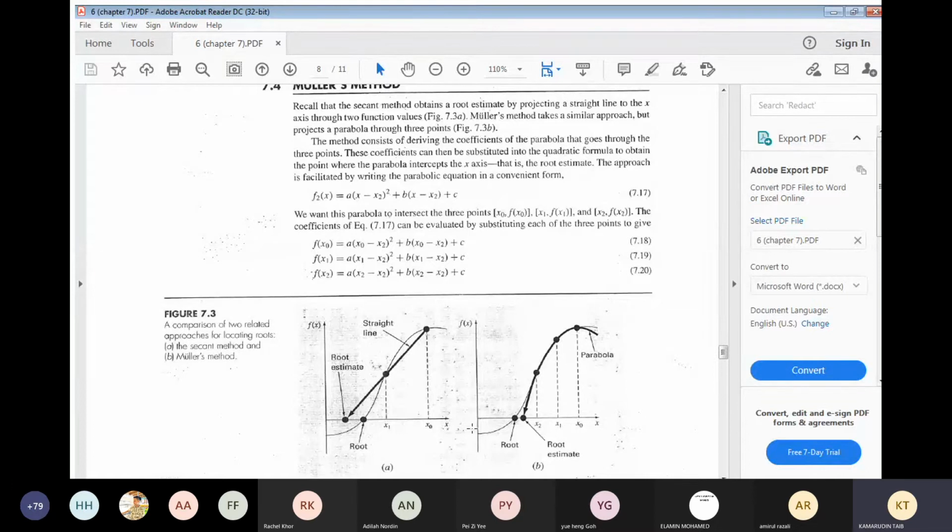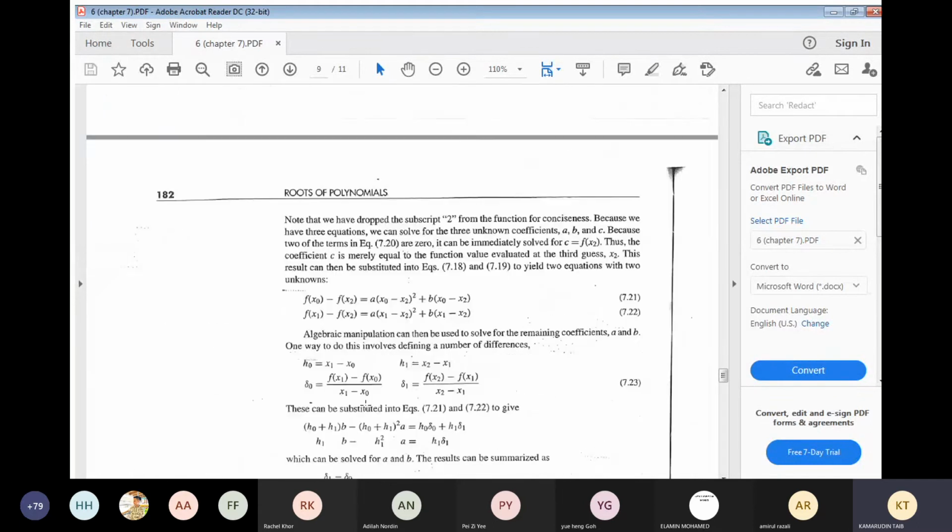So the actual function is given as the lighter curve, whereas the black solid curve here is the simulation done by assuming the parabolic curve of Mueller method. So the root estimate is closer to the actual root, compared to the secant method, where the root estimate is shown further apart most of the time. Not all, but say 95 to 99% of the time.